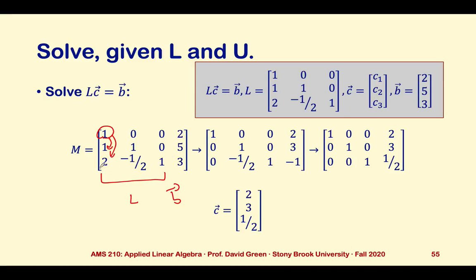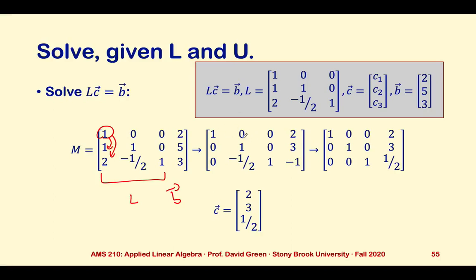To eliminate the 2, we subtract 2 times the first row. 2 minus 2 is of course 0. Again, because there are zeros in this row, a half minus 0, 1 minus 0, they're unchanged. And 3 minus 2 times the first row, so 3 minus 4 gives us negative 1.